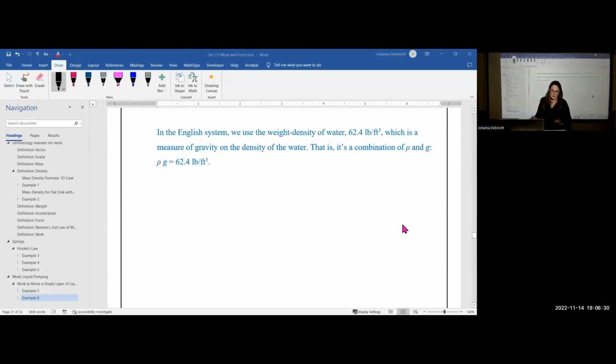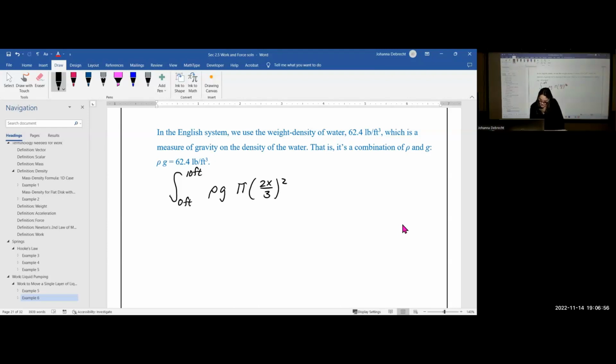So let's take a look at it. So we're moving water from 0 feet, bottom of the tank, and the top layer of water is at 10 feet. And then we have rho g, this is going to be the weight density, and then we have pi, and we found that the radius was 2/3 x, so 2x over 3, and we square it.